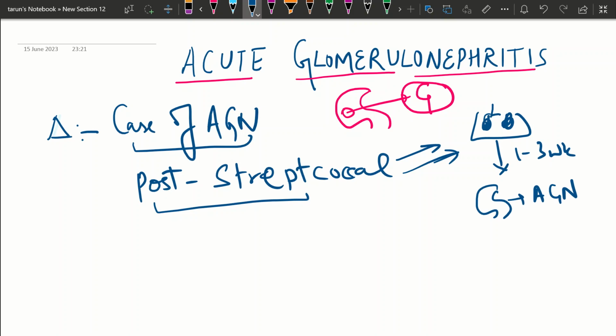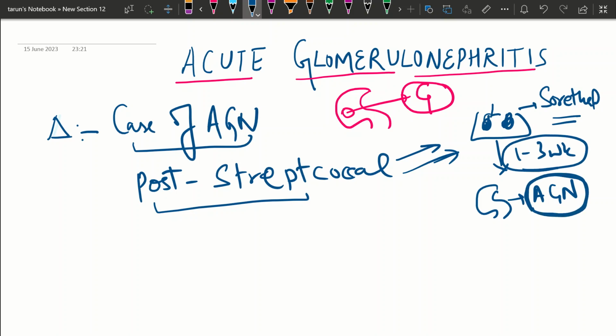So initially there is infection, and the patient presents with sore throat, and when this infection resolves after 1 to 3 weeks, the kidney is involved, and it is known as acute glomerulonephritis. This is the latent period.